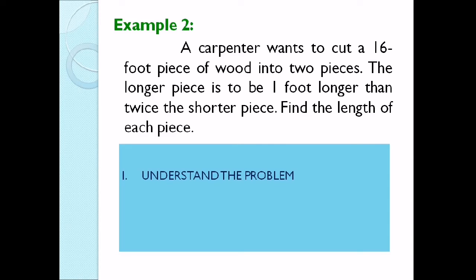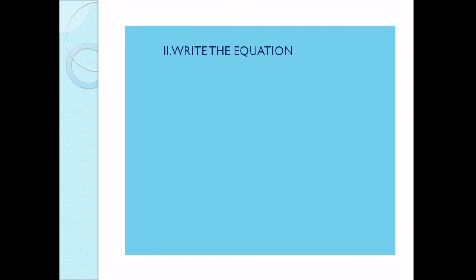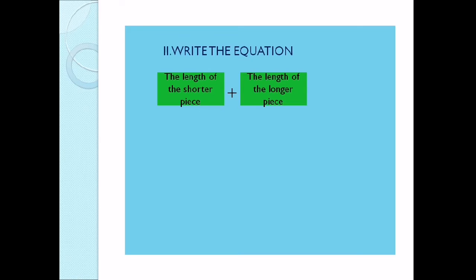So let us understand the problem. So let x be the length of the shorter piece and let y be the length of the longer piece. So let us write the equation. So the length of the shorter piece plus the length of the longer piece is equal to 16 feet.